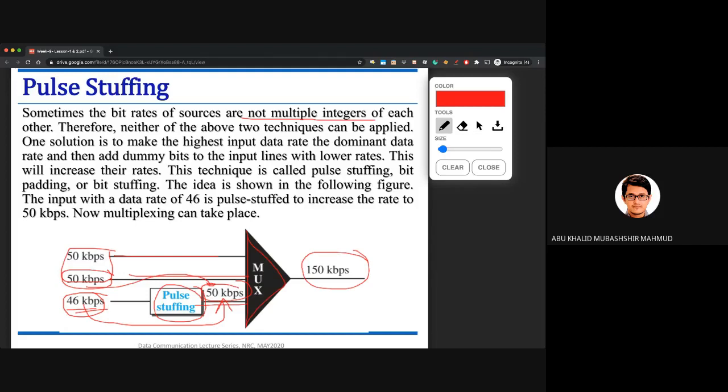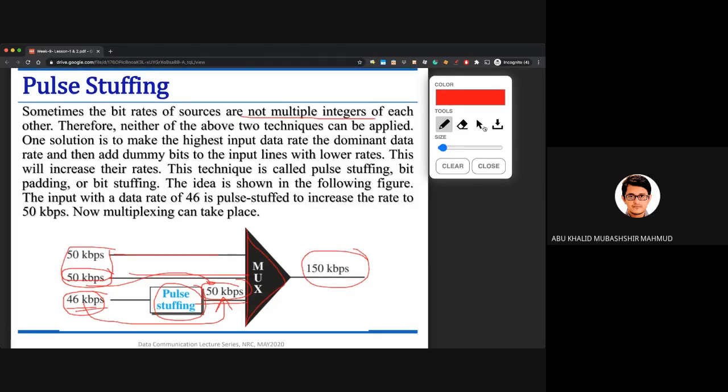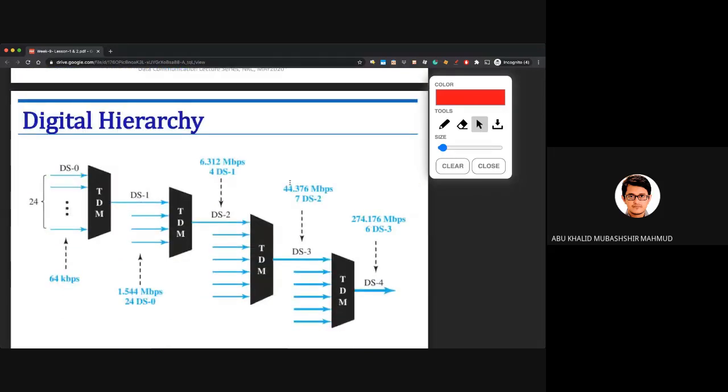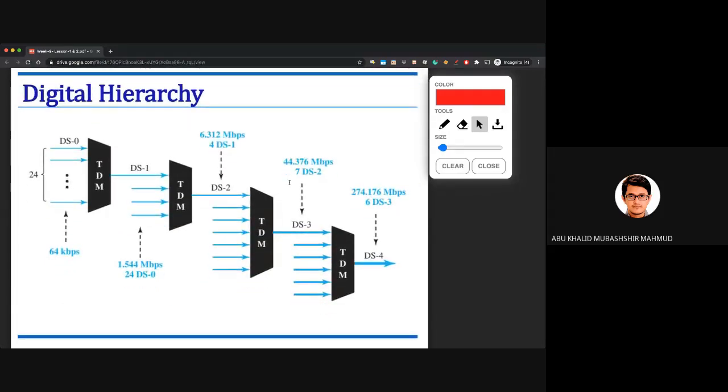So this is all about multiplexing, and now what we see is the digital hierarchy. We have seen the analog hierarchy based on frequency division multiplexing. It is not actually possible in wavelength division multiplexing.